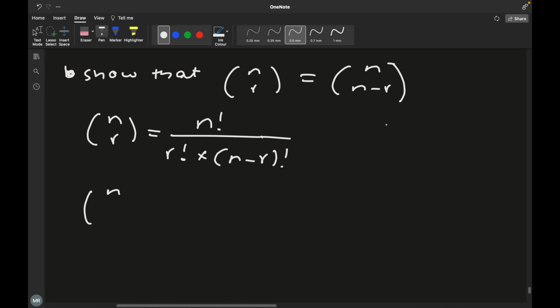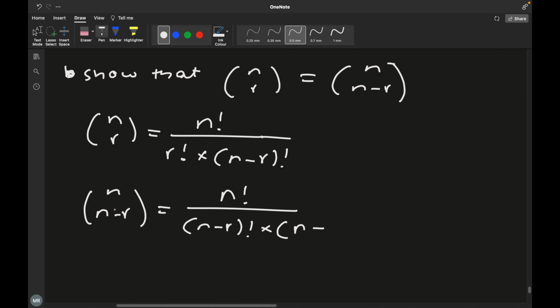Let's do the same for this one. And multiplied by, this is going to be n minus of this, which is going to be n minus of minus r, which is plus. These get cancelled out. We're left with the same thing.